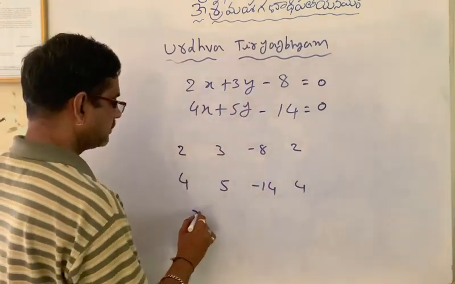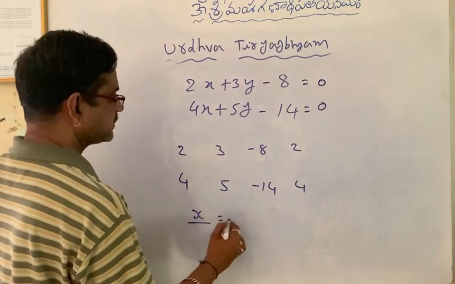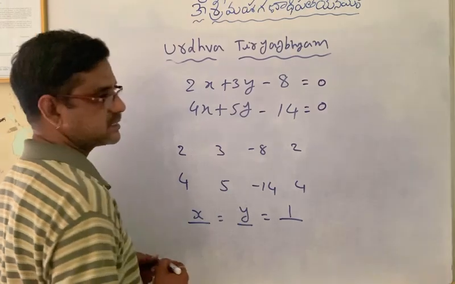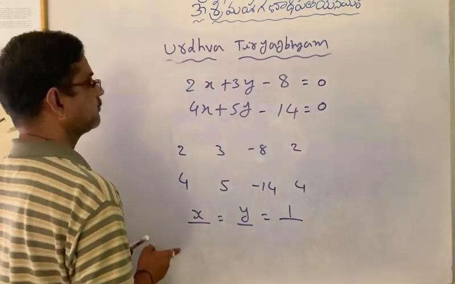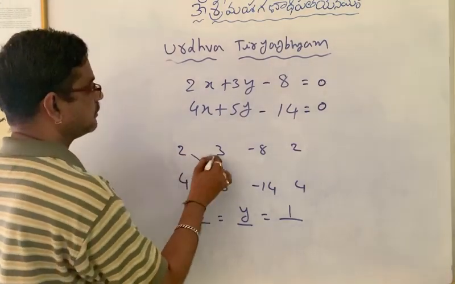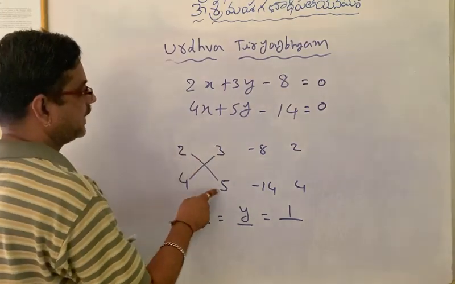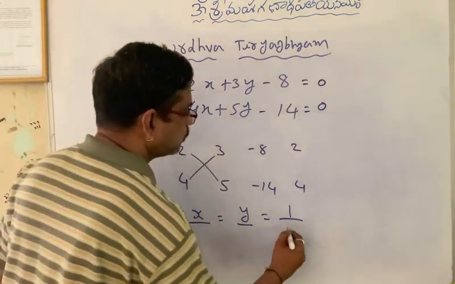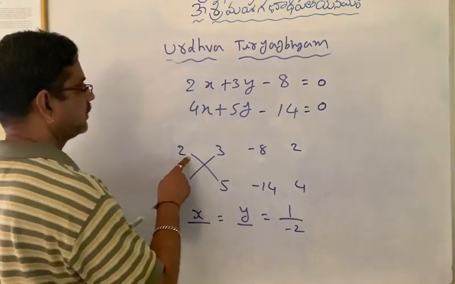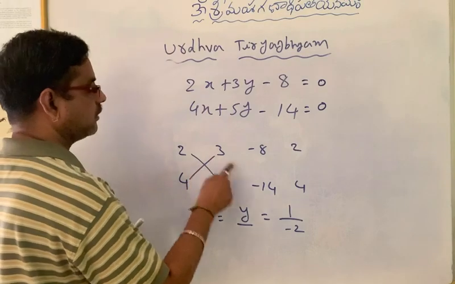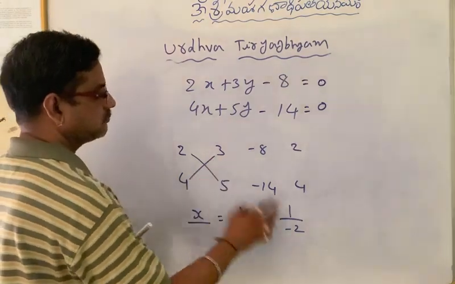Then write the equations like this: x is equal to, y is equal to, 1 is equal to. First, do this cross multiply: 2 fives are 10, minus 4 threes are 12, 10 minus 12 is minus 2.